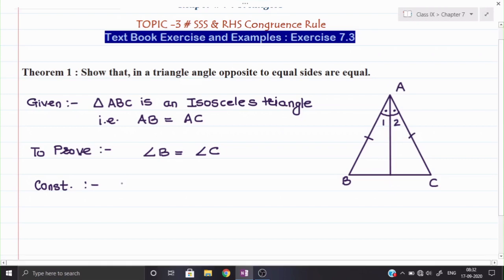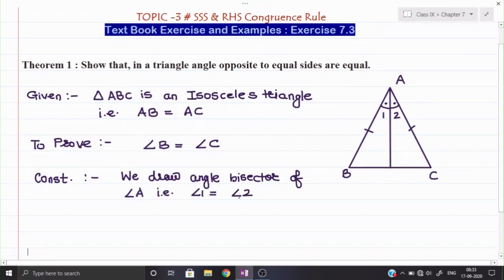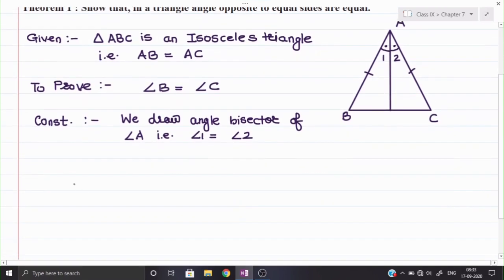Here we shall write down: we draw the angle bisector of angle A, that is, angle 1 is equal to angle 2. That also we have mentioned. Now we shall start the proof.